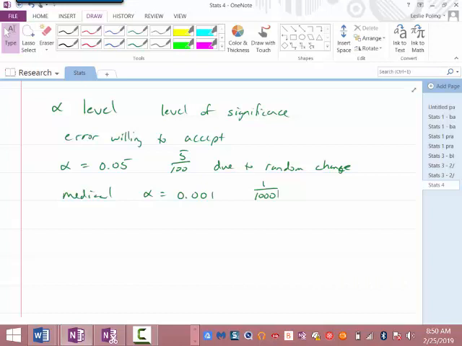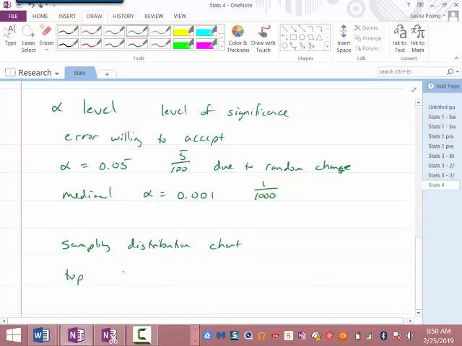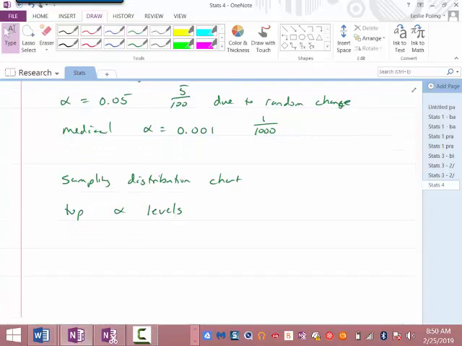Do you see how across the top you have alpha levels, and you have the option of picking the one tail or the two tail?